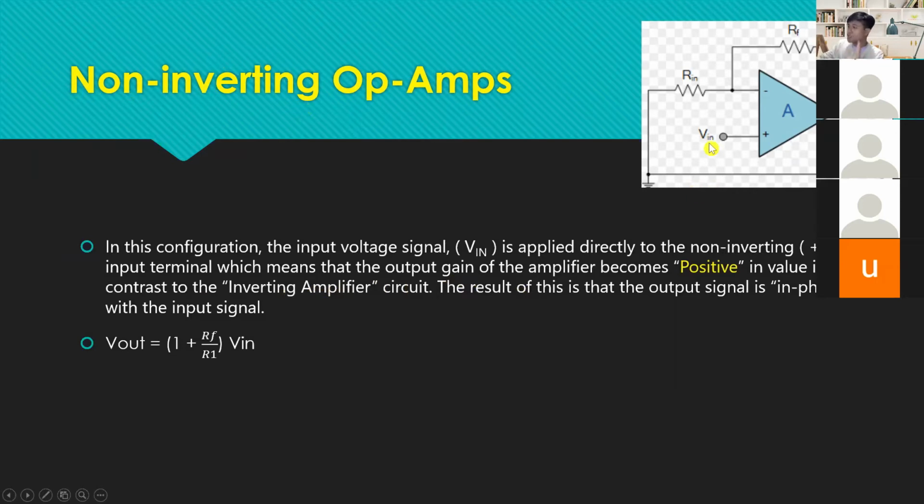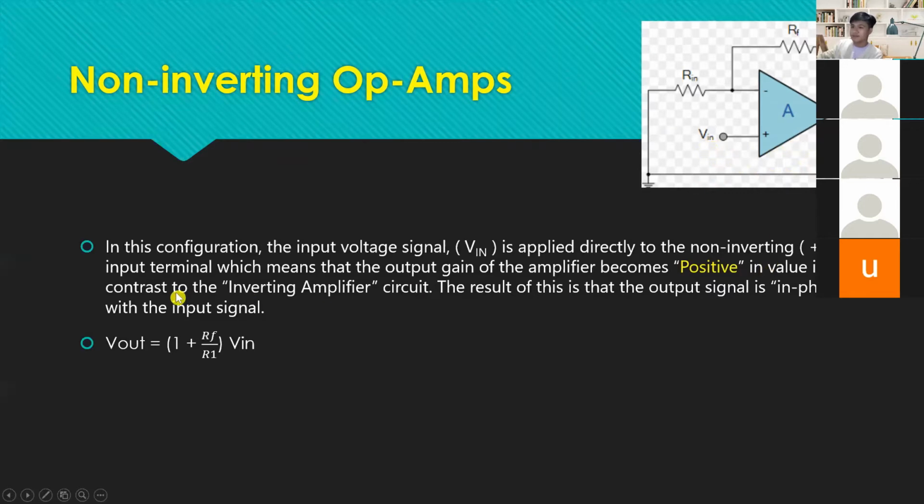Kung ano yung sign ng voltage input mo, yun din yung magiging sign ng output mo. So if I have a negative voltage input, then I will also have a negative voltage output. Pero mostly, in reality, hindi naman negative yung ginagamit natin. Ginagamit natin is positive voltage.